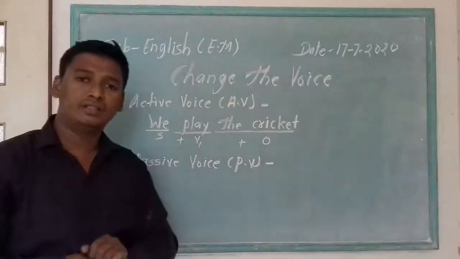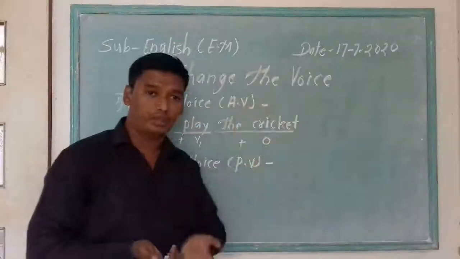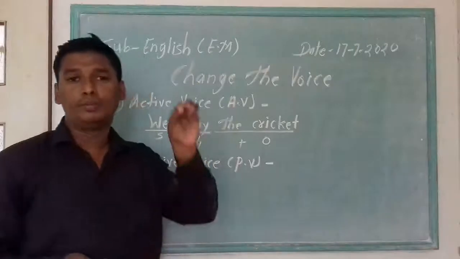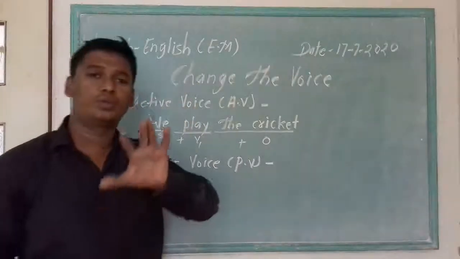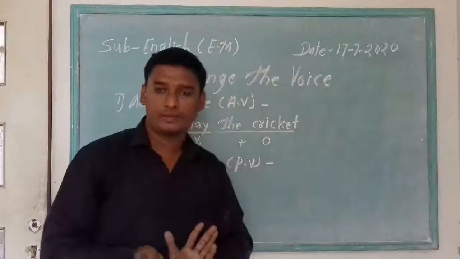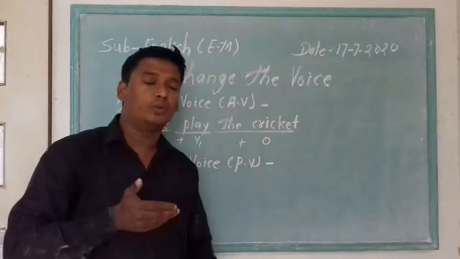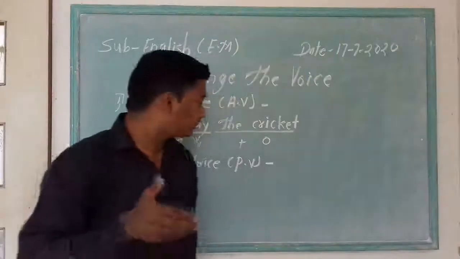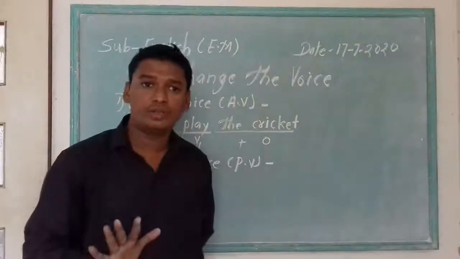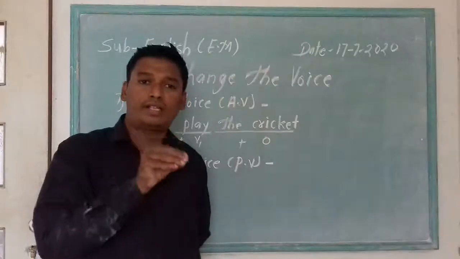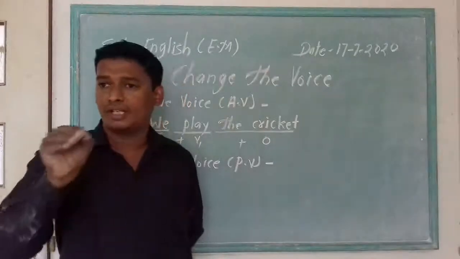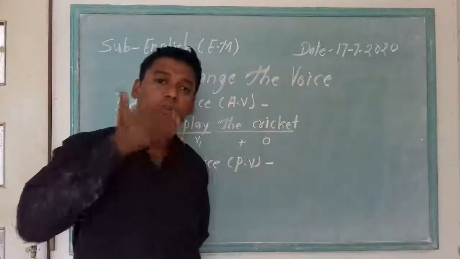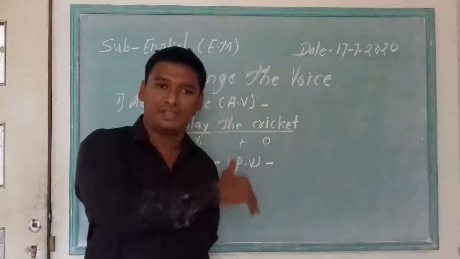Who has done that action would not be very important. But what is the action? If that action should be focused first, then we should use passive voice constructions. Have you understood? Active voice sentences start with subject and passive voice sentences start with object on whom that action is based.